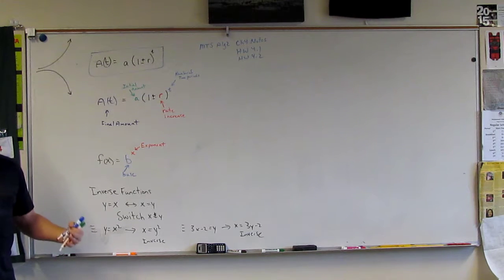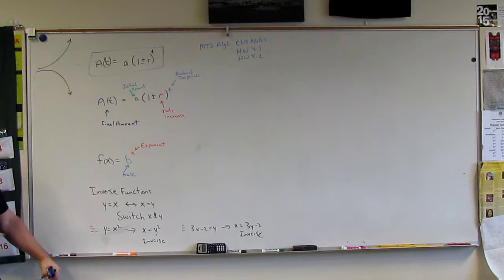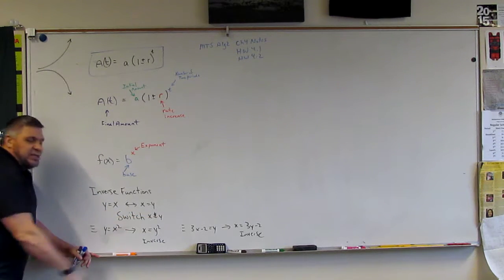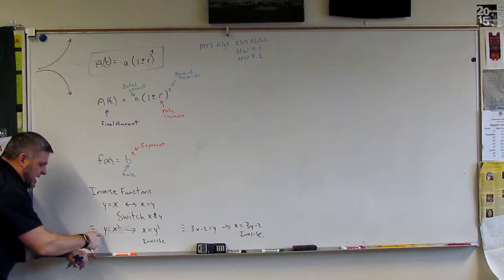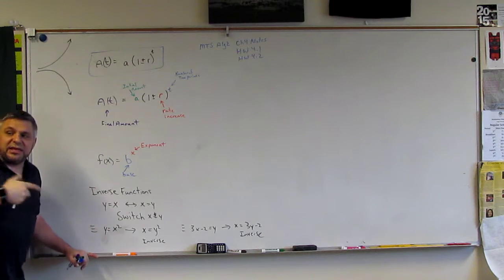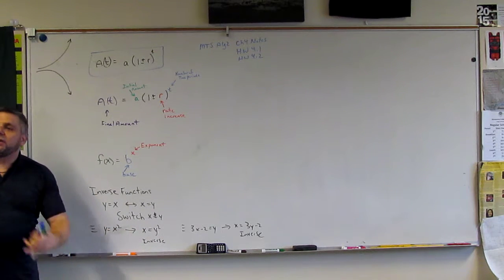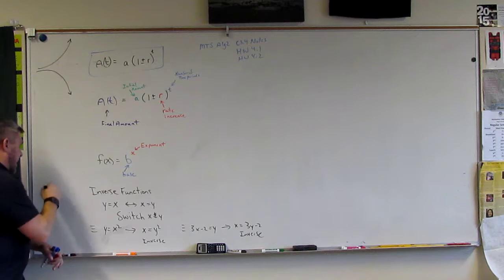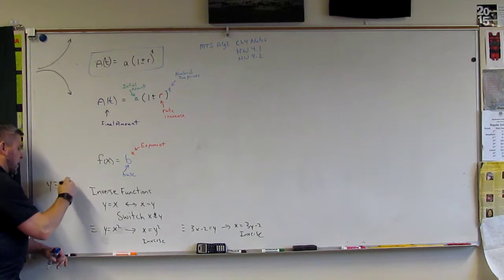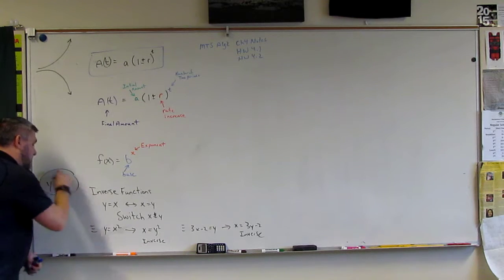All the inverse function means is that the x becomes the y and the y becomes the x. You're just switching the x and the y. So if you have y equals x squared, then the inverse function would be x equals y squared. Then you would solve, and you would have y is equal to the square root of x, because you square root both sides. That's your new function.